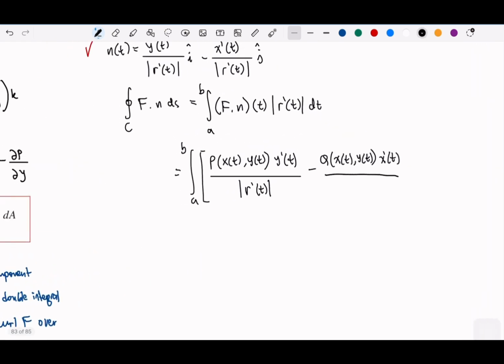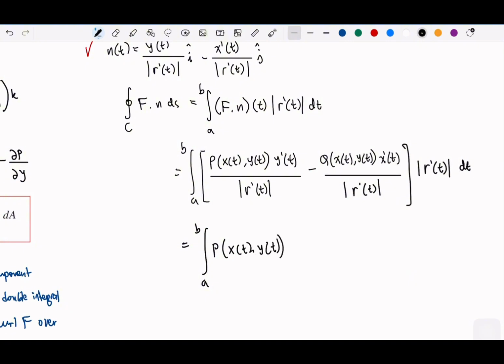Okay, and then this will be r prime t, multiply with the magnitude here, which will cancel out. And we can simplify this. It becomes very simple and easy to follow. This one becomes P of x of t, y of t, this is y prime t dt, and then minus Q, x prime t, and then dt.